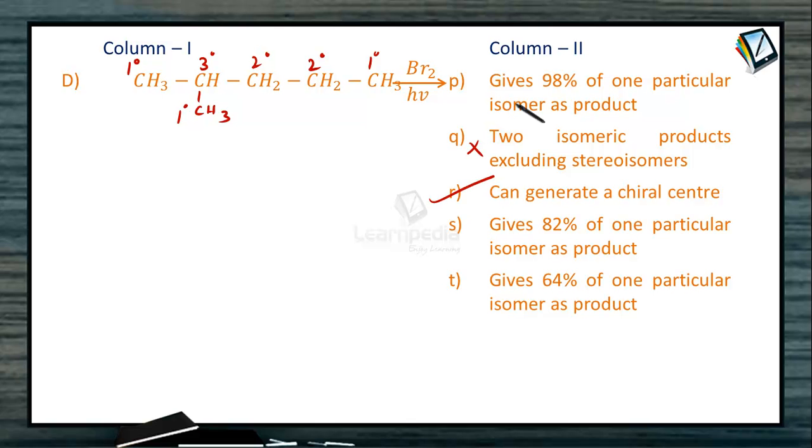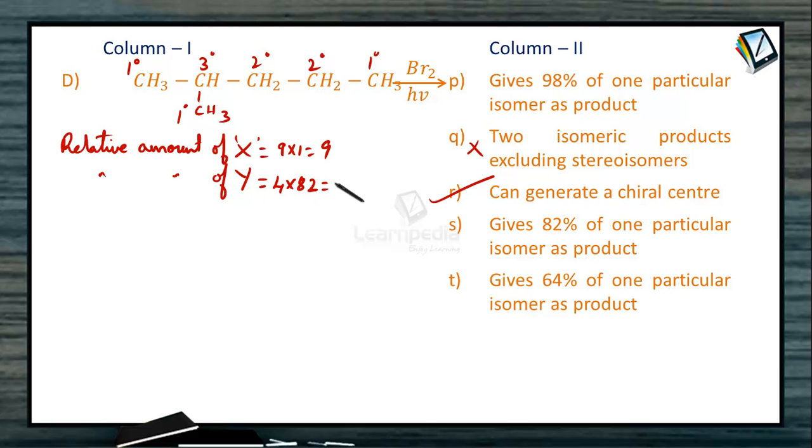Now we need to check out the percentage of the various isomers formed. Now let me write the relative amount of the isomer formed by the replacement of primary hydrogen as equal to 9 into 1, that is 9, because the product formed here I took it as X. Then the relative amount of the second compound formed, Y, which is formed by the replacement of the secondary hydrogens, that is 4 into 82, that is 328, because we know the ratio of the reactivity of the primary, secondary and tertiary hydrogens towards bromination as 1 is to 82 is to 1600.